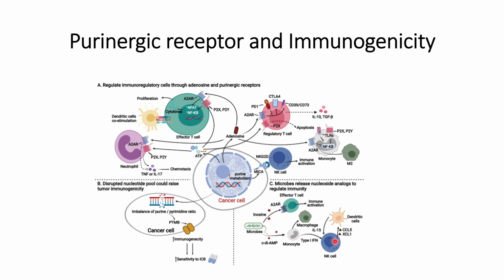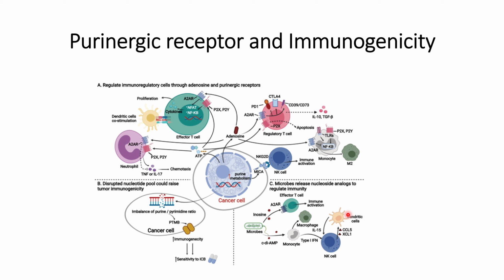NK cells and dendritic cells are in a cascade effect, in a feedback loop, we can say. When the NK cells get activated, they will release CCL5 and XCL1. These will be upregulated, and it will lead to a high amount of dendritic cell formation.